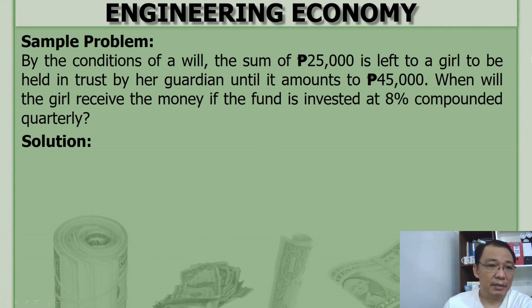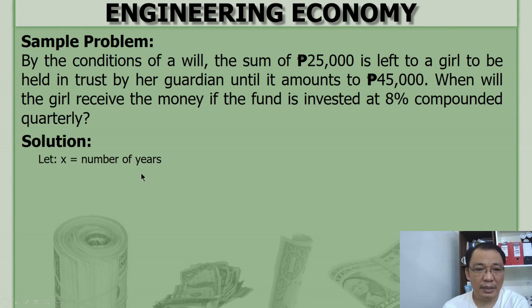Another one. By the conditions of a will, the sum of 25,000 pesos is left to a girl to be held in trust by her guardian until it amounts to 45,000 pesos. When will the girl receive the money if the fund is invested at 8% compounded quarterly? Again, let's have a cash flow diagram so we will have a better understanding of the problem.